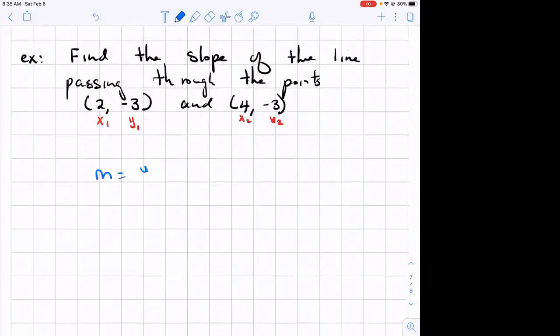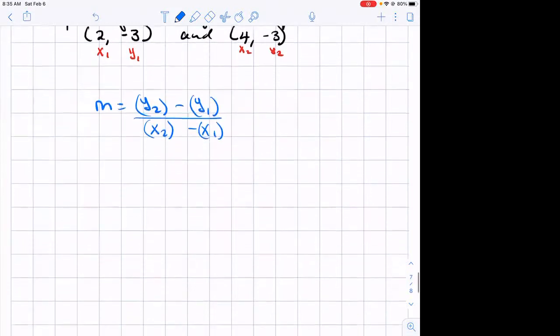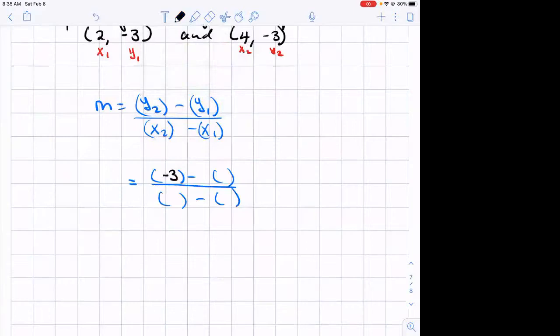m is equal to y2 minus y1 divided by x2 minus x1. And if I plug in those numbers associated with my x's and y's, so instead of y2, I'm going to write -3.